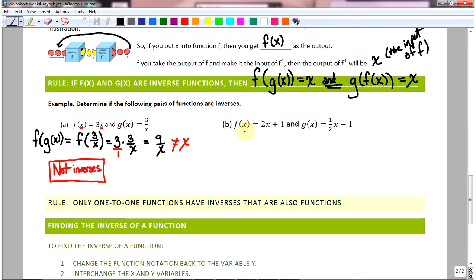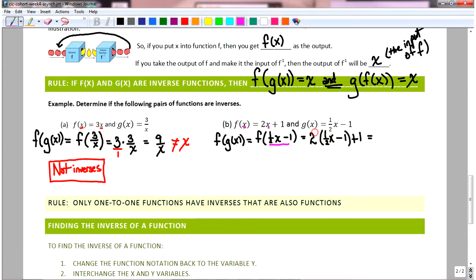Looking at part B, to figure out if this f and g are inverses, we need to find the composition. We're going to plug the g of x in, so 1/2 x minus 1. Everywhere I see an x in my original function f, I'm going to put all of that in its place. So we end up with 2 times, instead of just x, 1/2 x minus 1, and then bring down that plus 1.